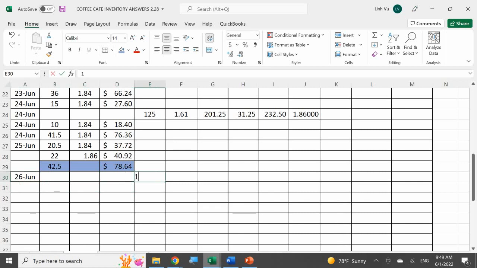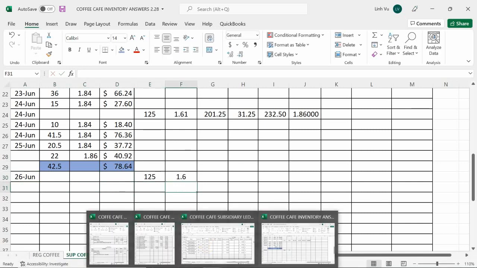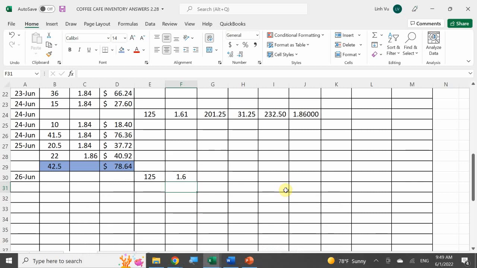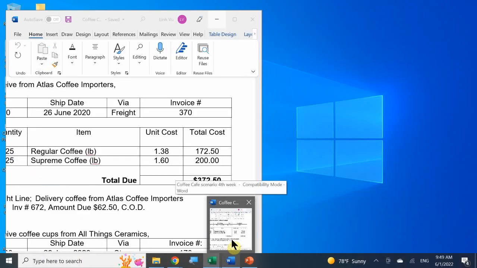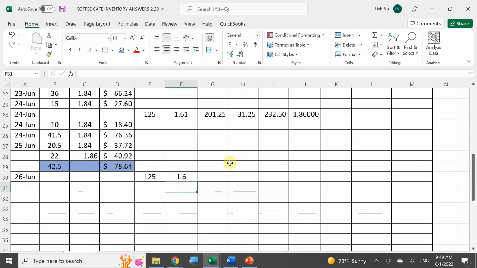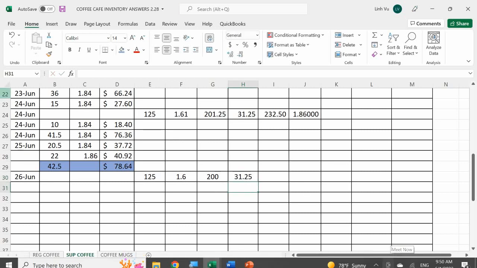I purchased 125 pounds at $1.60, which should give me a total of 200, plus $31.25 for the freight.